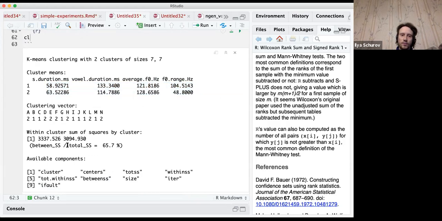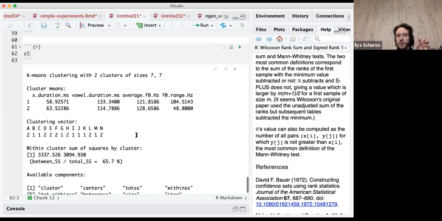And here it gives information about sum of squares of distances inside each cluster. So I consider every pair of points such that this pair of points is within the same cluster, and find the corresponding sum of squares of their distance.